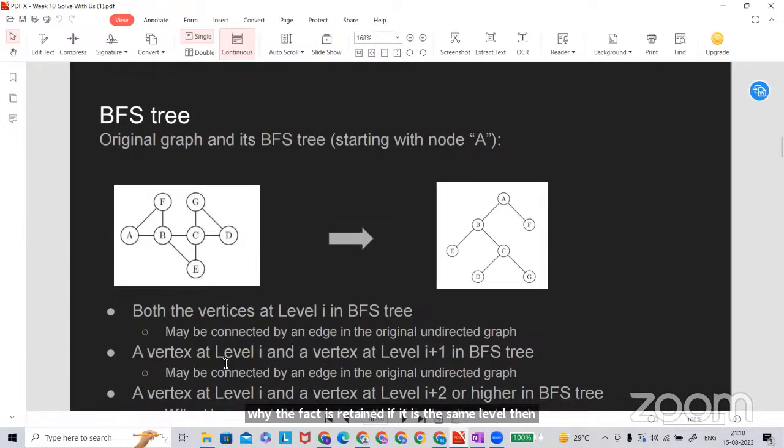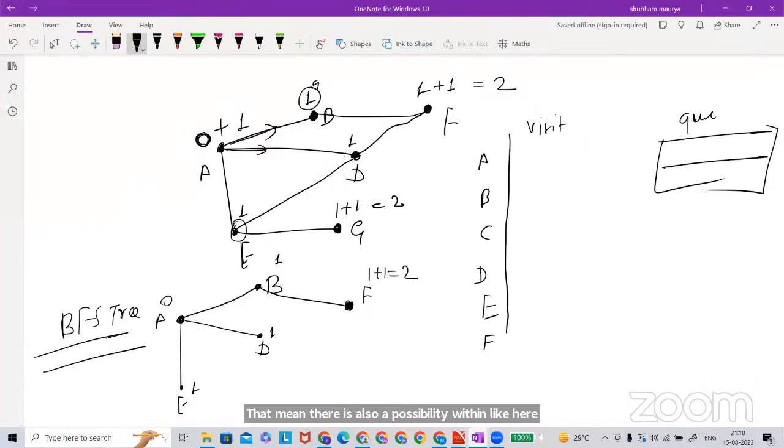If there is a difference of one level, a vertex at level I and a vertex at level I+1 in the BFS tree, there is also a possibility of an edge. Here the level of this one is 1 and this one is 2, so there is an edge.